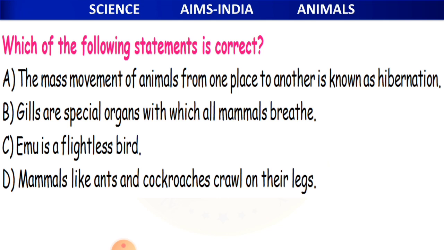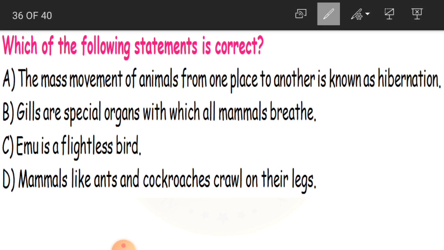Which of the following statements is correct? The mass movement of animals from one place to another is known as hibernation. This is wrong. We don't call this hibernation, it is migration. Gills are special organs with which all mammals breathe. This is also wrong.